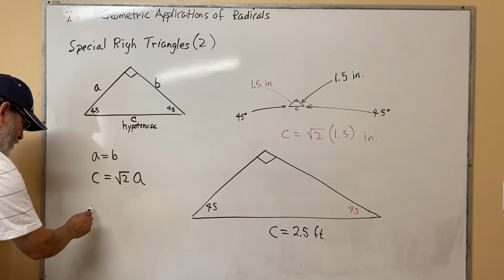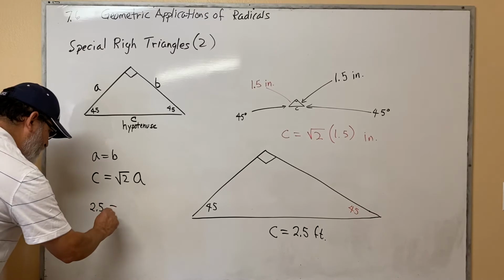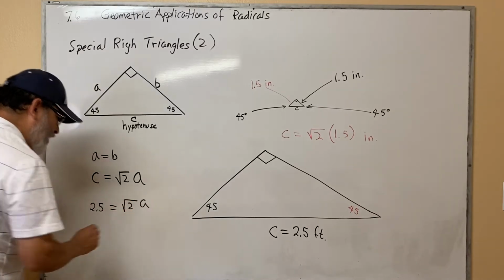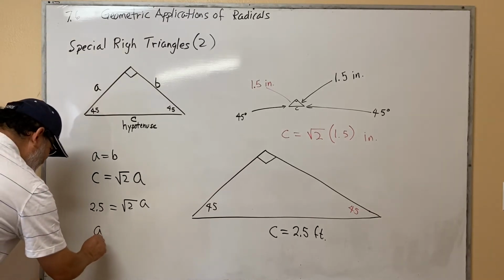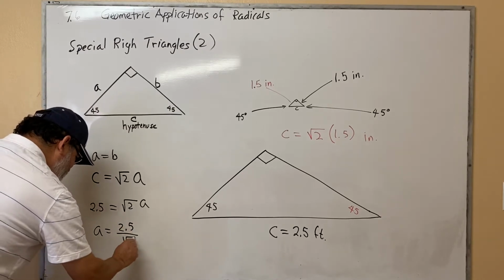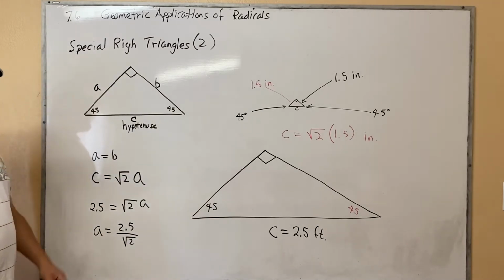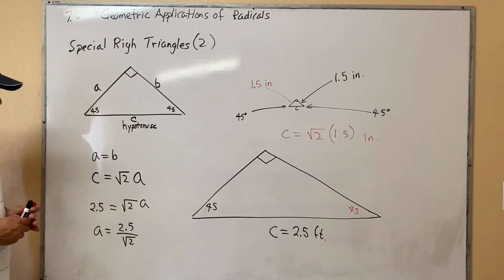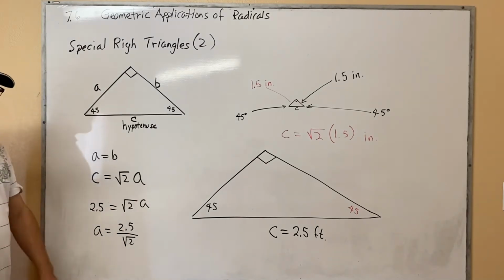C, 2.5 feet, equals the square root of 2 times A. Divide both sides by the square root of 2 so that A equals 2.5 divided by the square root of 2. At this point, you can use your calculator and find out what it is as a decimal.